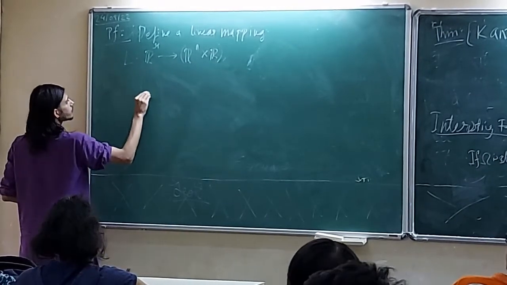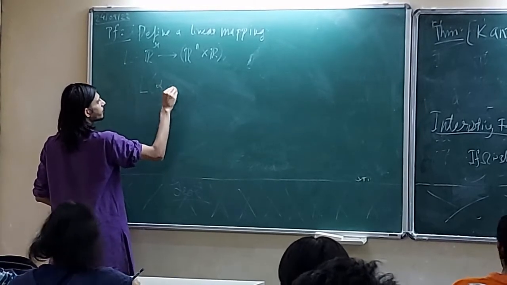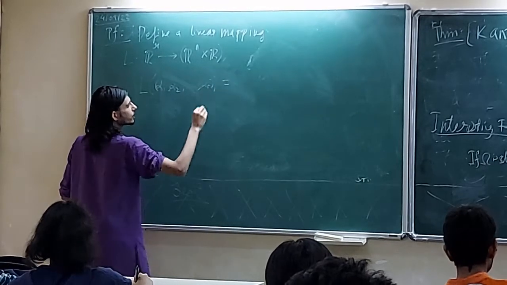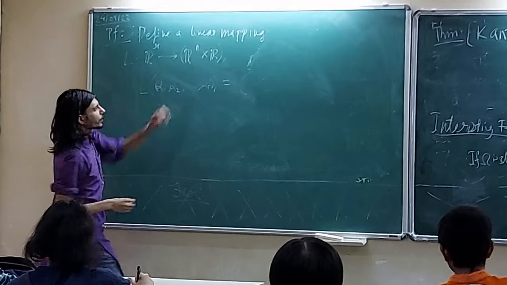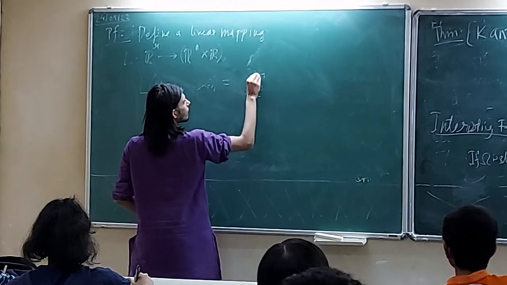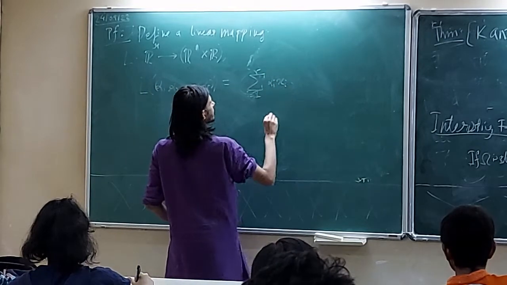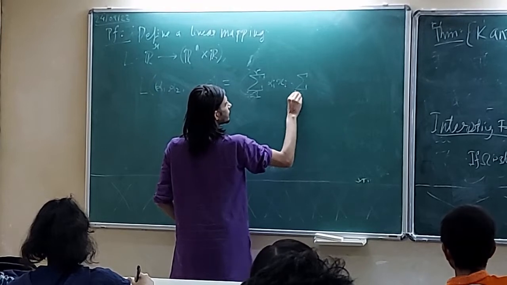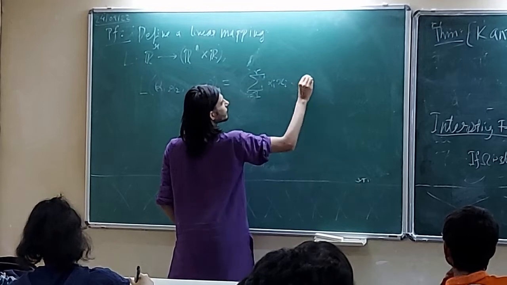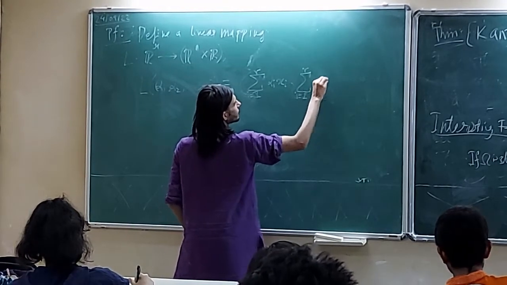How is this defined? This is defined as follows. L of alpha 1, alpha 2 up to alpha r is equal to, first, the Rn component of this, which is basically the summation i equal to 1 to r of alpha i xi, and then the summation i equal to 1 to r of alpha i.